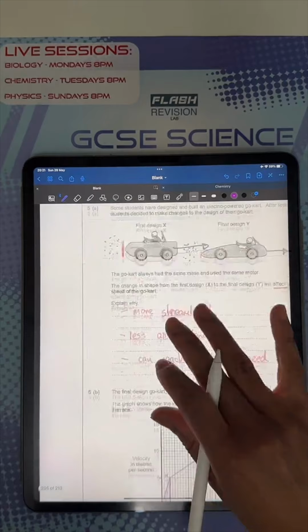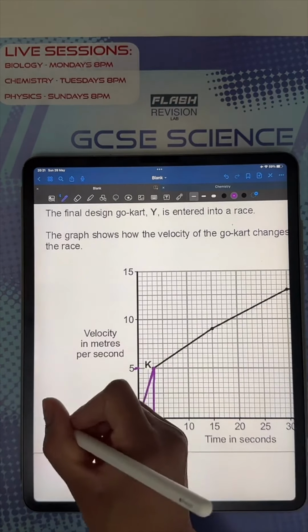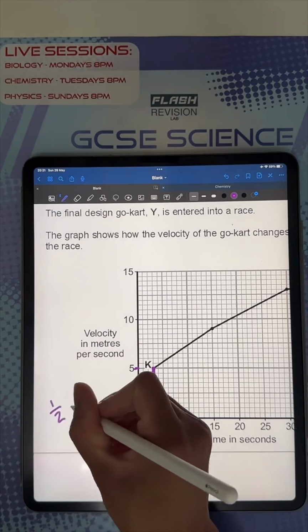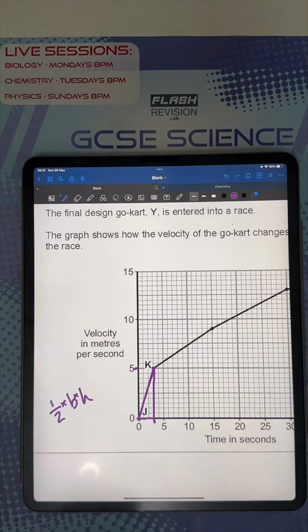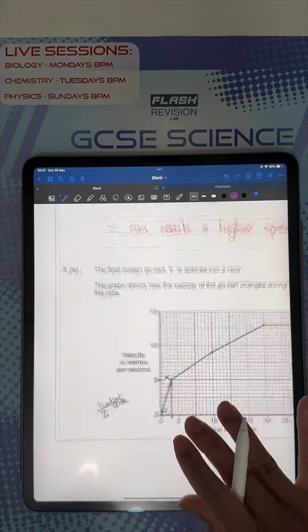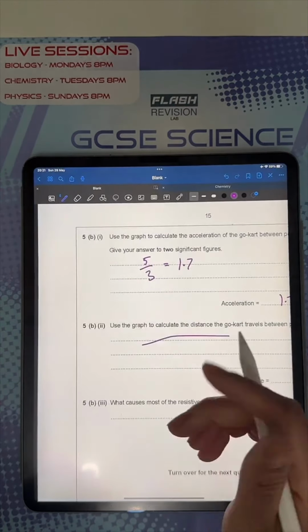So back to this question. This is a triangle, so we just need to do the area of a triangle, which is half base times height. We've already got the base and the height from before. It was 5 and 3, wasn't it? So you just need to do half times 5 times 3.